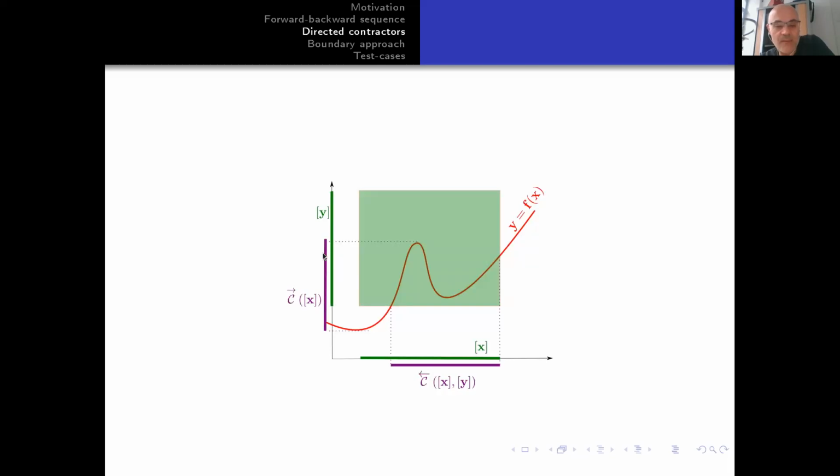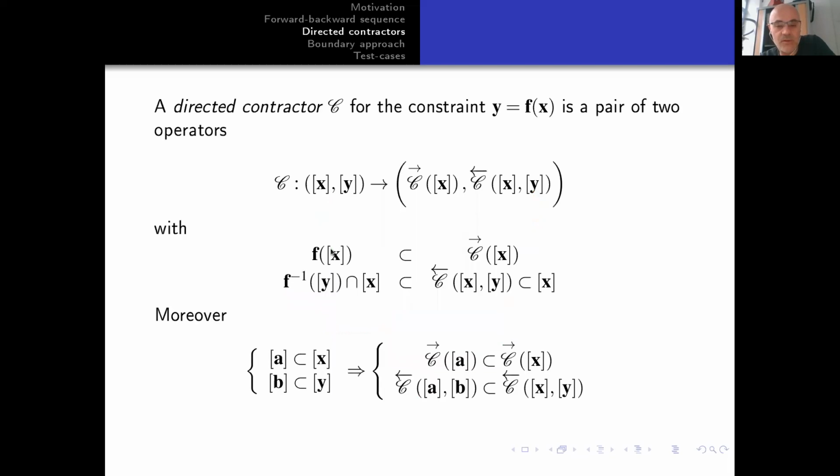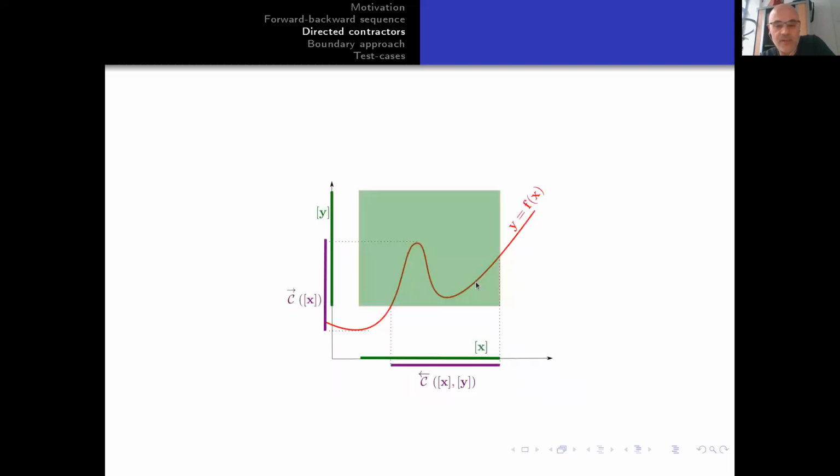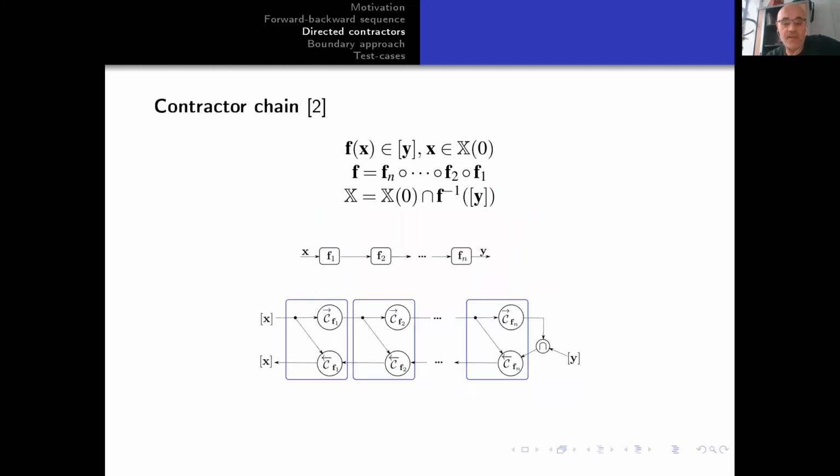After the forward, I perform the backward, making the intersection given here. It means that I take all pre-images that are consistent with both y and c, and I obtain this box. I can see that this backward depends on x and y, but the forward depends only on x. To understand this, I will give some examples just after.